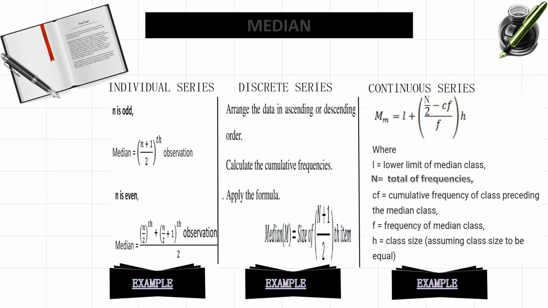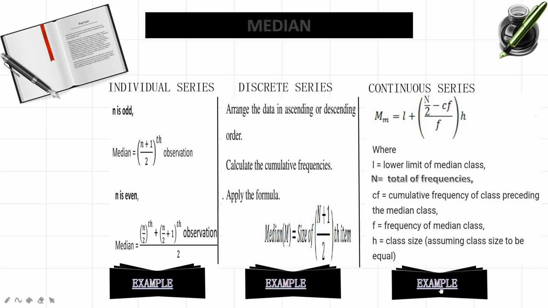First of all, find the ratio of (n by 2 minus Cf) to f, then multiply it with h, and only then add it to the lower limit. So L is the lower limit of the median class, N is the total of frequencies, Cf is the cumulative frequency of the class preceding the median class, f is the frequency of the median class and h is the class size.